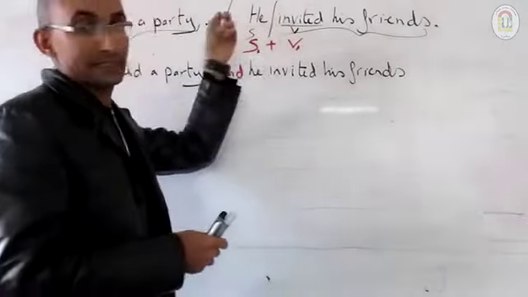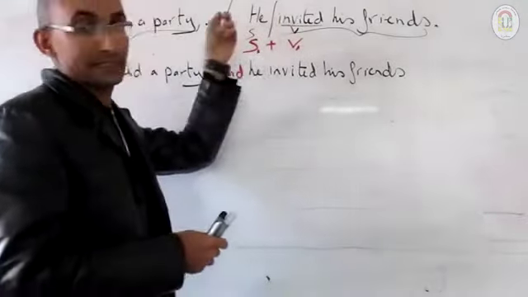The F refers to for, to express cause or reason. The A refers to and, to express addition.